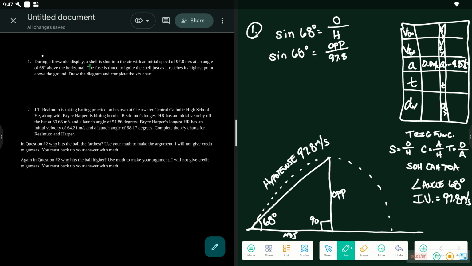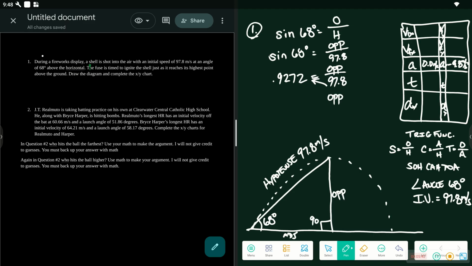When you put it in your calculator, you hit sine 68 equals, and it gives you a decimal. In this case, it's 0.9272. You only have to go four spots. That equals the opposite over 97.8. Well, cross multiply, and that gives you what the opposite side is.